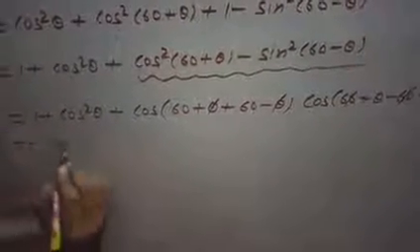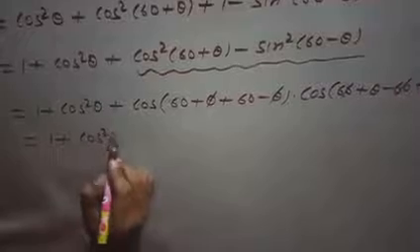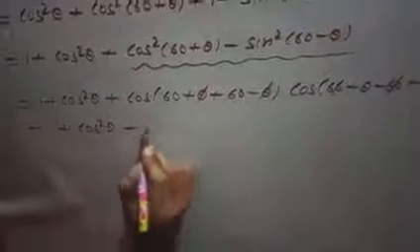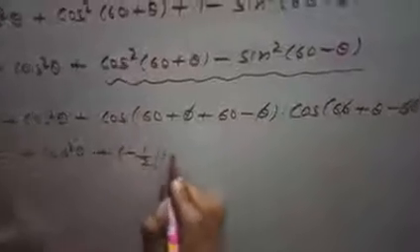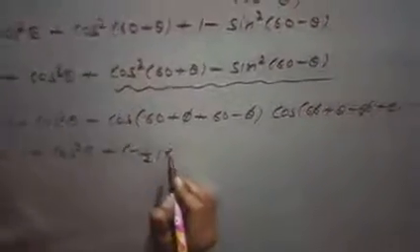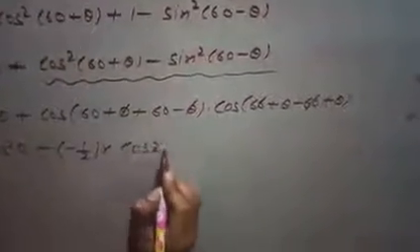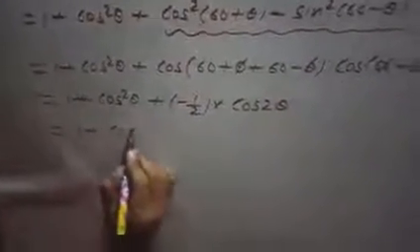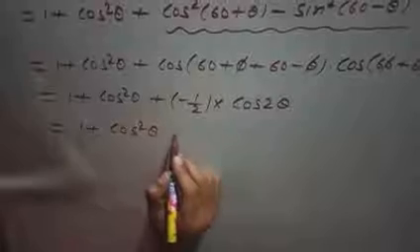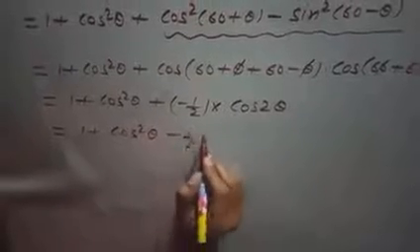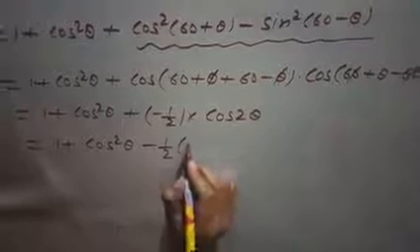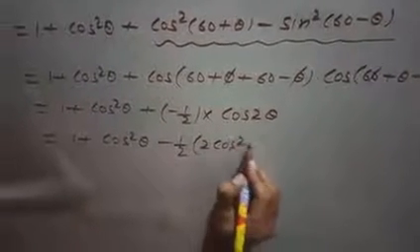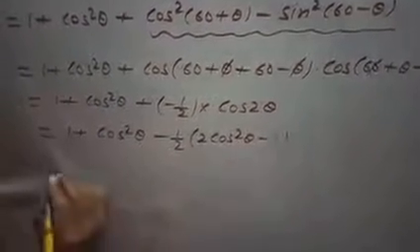So here 1 plus cos square theta plus cos 120, and the value of cos 120 is minus 1 by 2 into cos 2 theta. So 1 plus cos square theta minus 1 by 2, and we can open the bracket, that is 2 cos square theta minus 1.